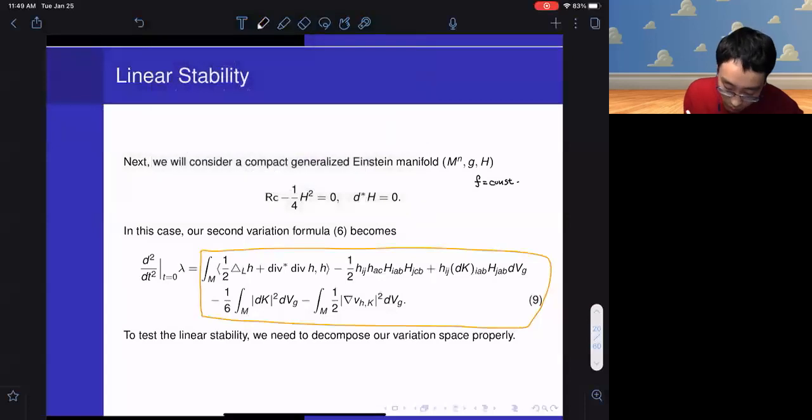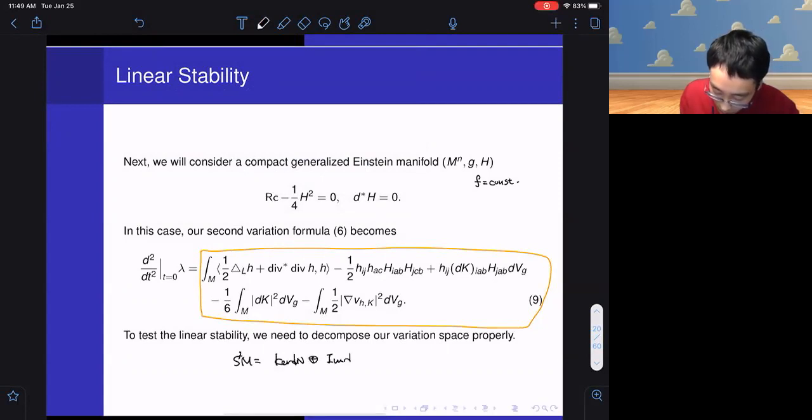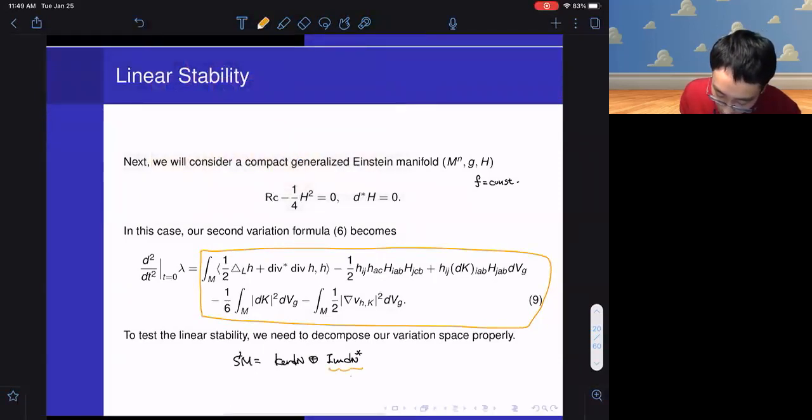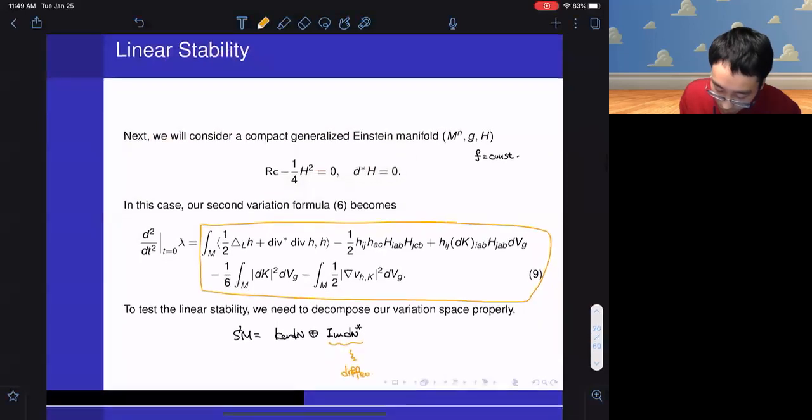In the previous case, we decomposed the symmetric 2-tensor into the kernel divergent part and the image of divergent star. The motivation is that this part induces the diffeomorphism part, so it is trivial. Therefore, we only need to consider this quantity.